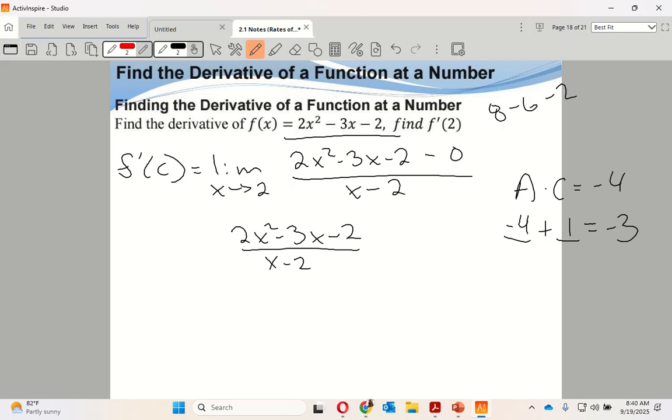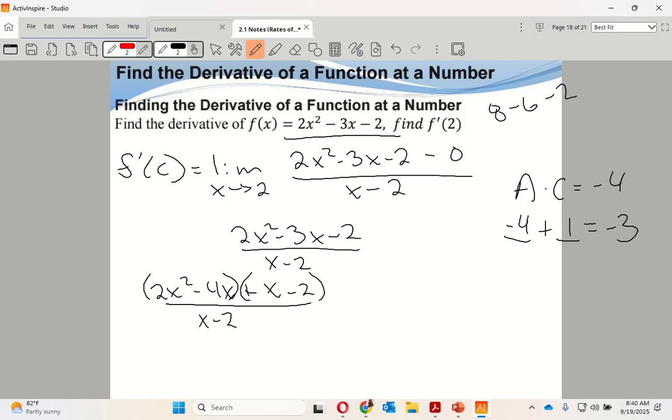Alright, so from there I can go 2x squared minus 4x plus 1x minus 2 over x minus 2. Factor by grouping. What can I take out of that first group?